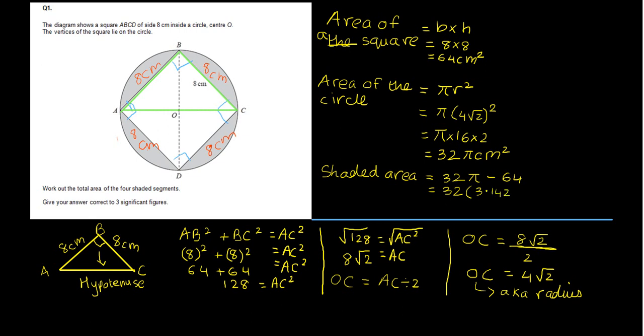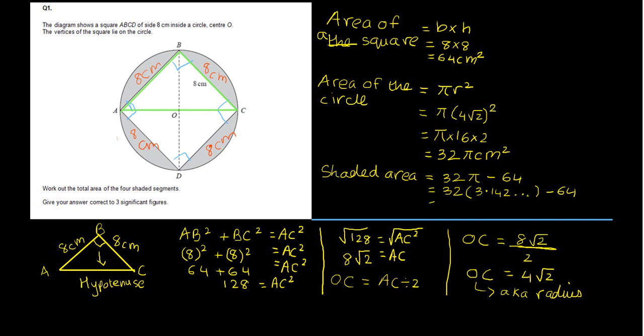Again, I need the full value, so we're going to use the value of pi on the calculator. Don't use just 3.142. So 32 times pi will give me 100.53, and so on.